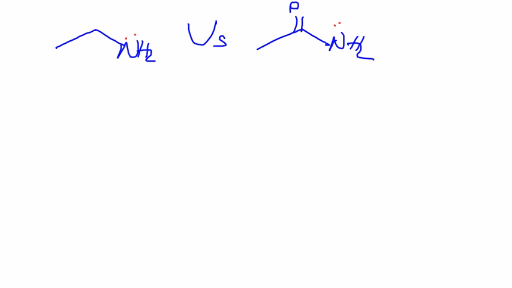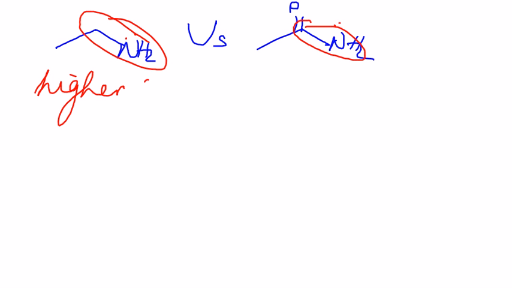I have here ethylamine, and I'm comparing that to acetamide. So the question is, if you were to compare the C single bond N for the first one to the carbon nitrogen bond of the second, which one of them is going to occur at a higher wave number, higher lambda bar?